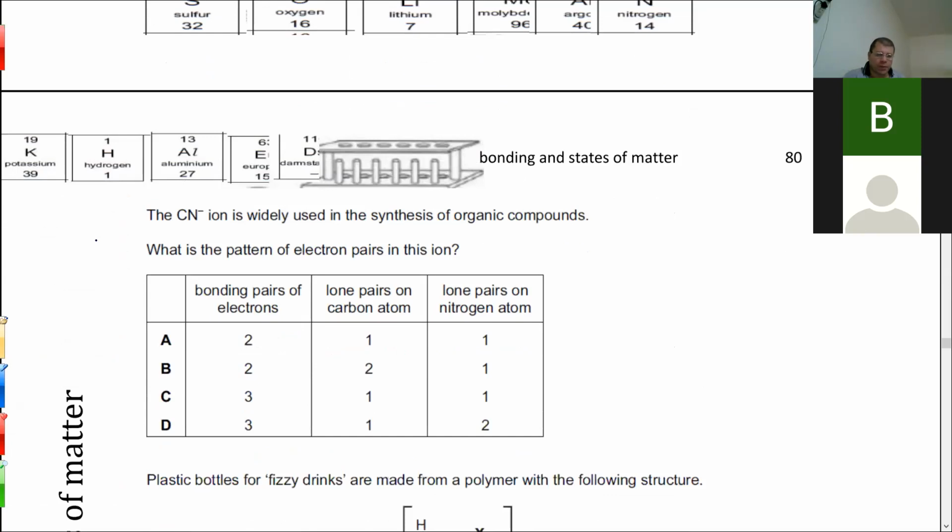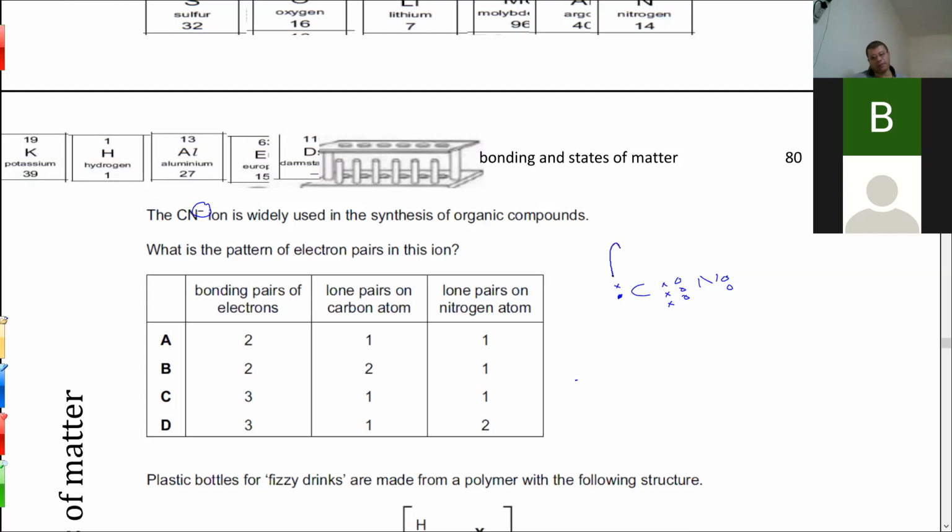Cyanide ion widely used synthesis of the organic compound. Which is the pattern of the electron pair in this ion? Carbon, nitrogen. Nitrogen able to make three bonds. And it still has a pair of electrons, and the nitrogen is already stable now. Carbon still has one electron, and because of the negative charge, it gains an extra electron.